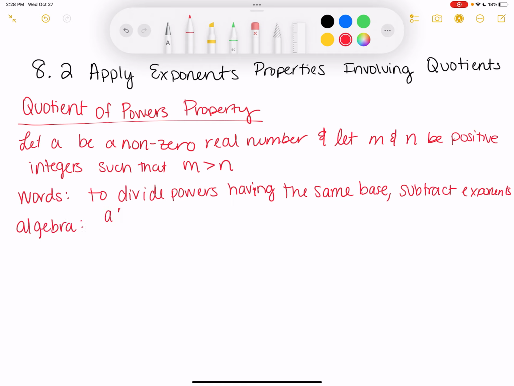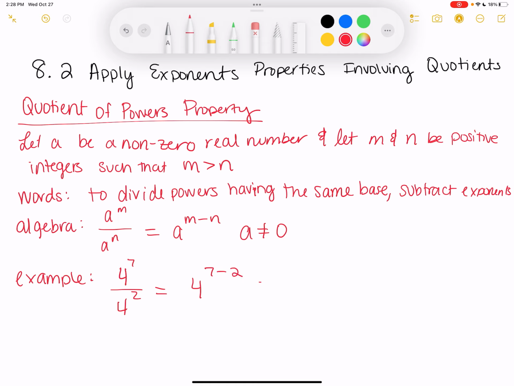So if I have something like a to the m divided by a to the n, that would be a to the m minus n, assuming a is not equal to 0. So an example of this, 4 to the 7th over 4 squared is equal to 4 to the 7 minus 2, which is 4 to the 5th.